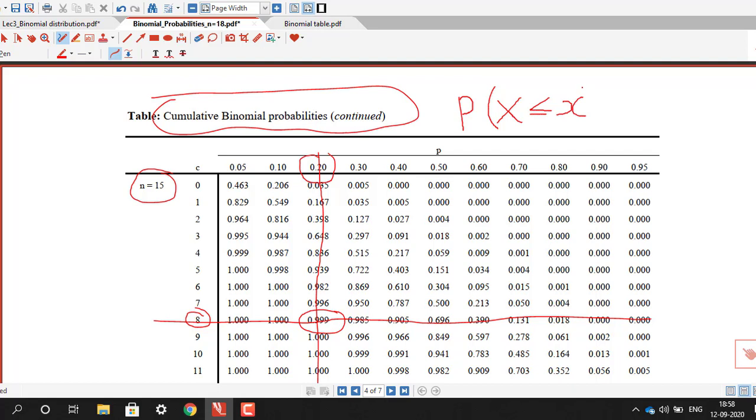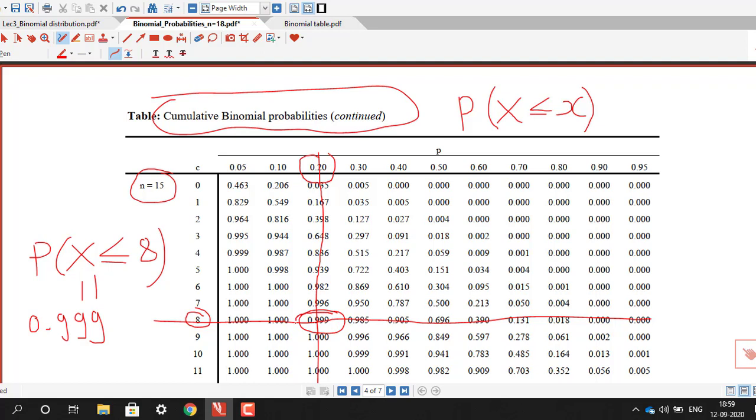Capital X is less than or equal to small x. And so we are calculating probability that capital X is less than or equal to 8. So it is nothing but 0.999. Okay, so intersection of this row and this column.